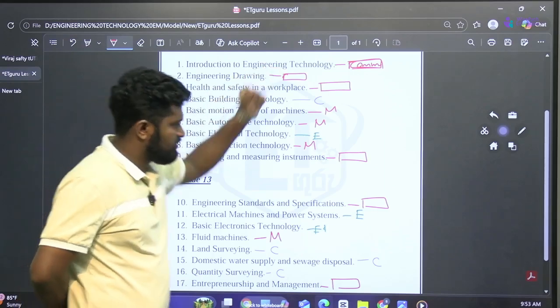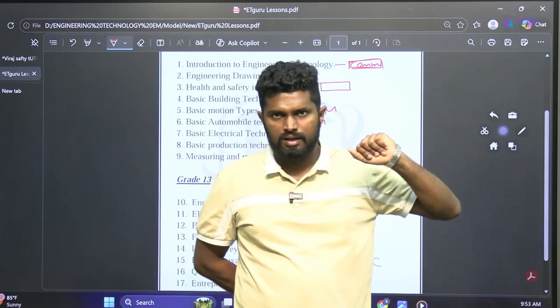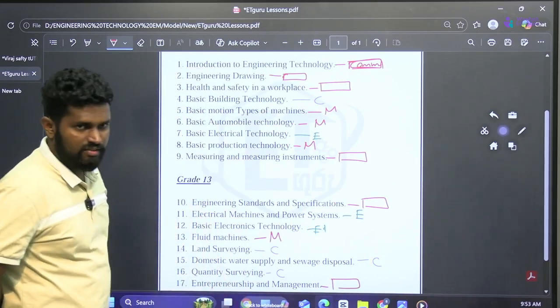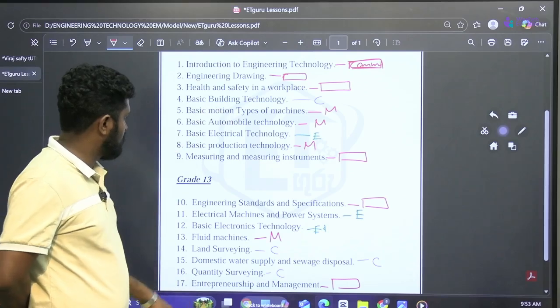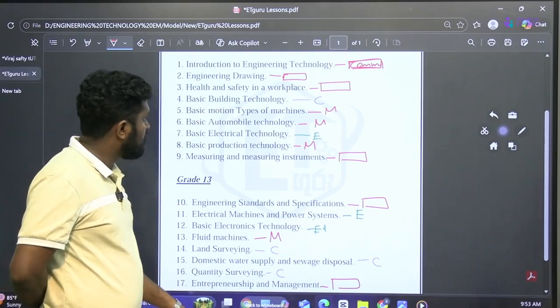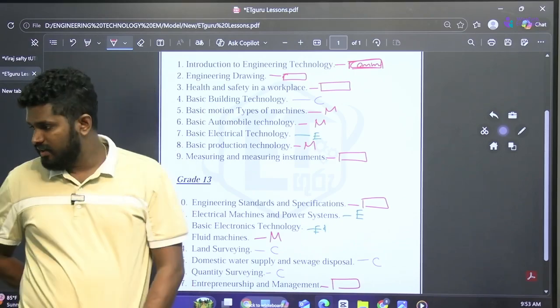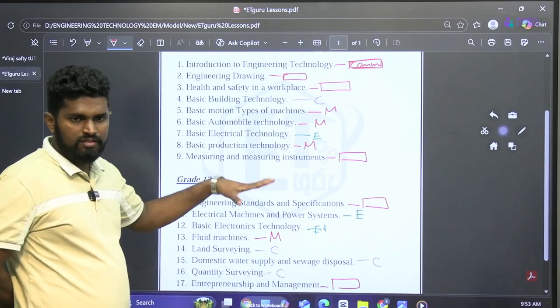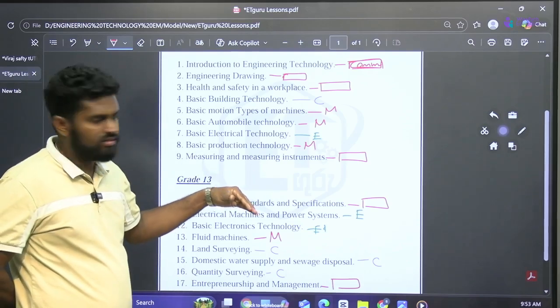Then in the first lesson, Putra, before I explain, firstly the civil lessons. In the civil lesson, we are discussing basic building: how to construct the building from foundation to finishing process.